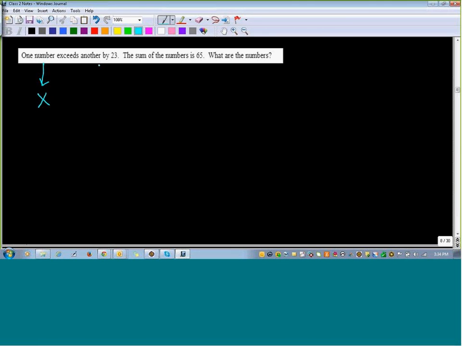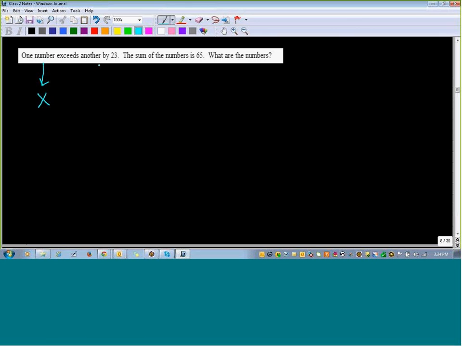So who can tell me the equation? This is one number, because we are talking about sums. I have one number plus another number equals 65.